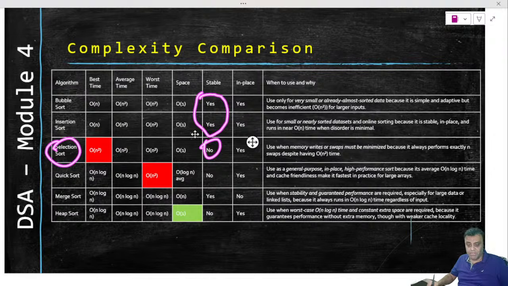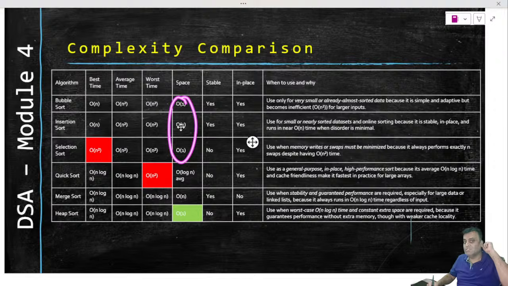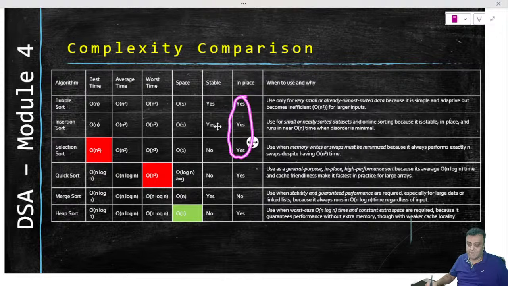The way to remember it is selection sort has some exceptions. One exception is that it still takes order of n square in the best case. It is also not stable. That means sequence will not be maintained, and all the sorts will take in-place memory. That is, it will utilize order of 1, which is in-place memory. It will not take memory equivalent to the size of n. So that is why I say that in-place is yes for all of them.